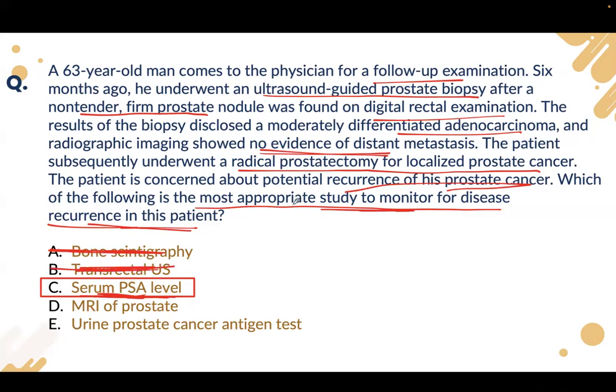So we don't want to confirm here. We just want to monitor if there is any recurrence. MRI of prostate is done for staging, so it's not the answer. And prostate cancer antigen test, honestly, I'm not very familiar with what this is. However, what I know is that the PSA level is the one that's used to monitor the recurrence of the disease in those patients.